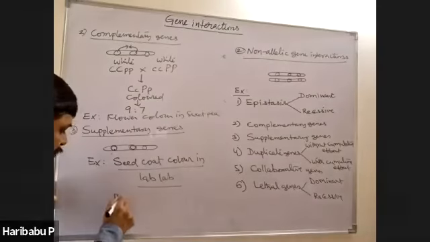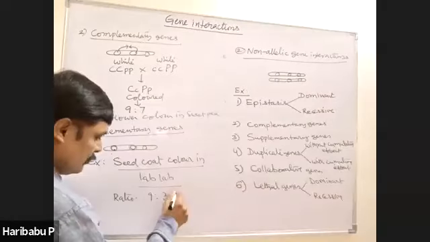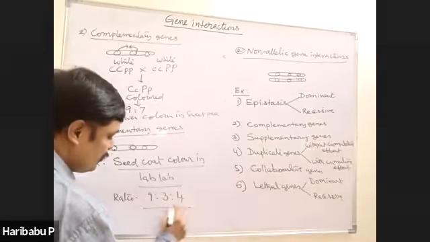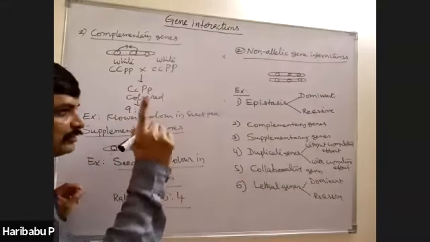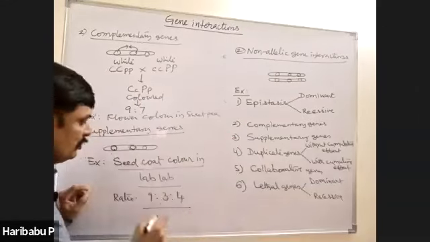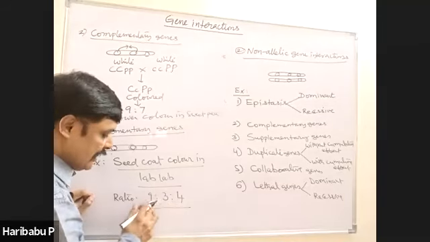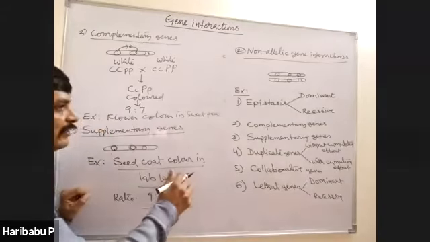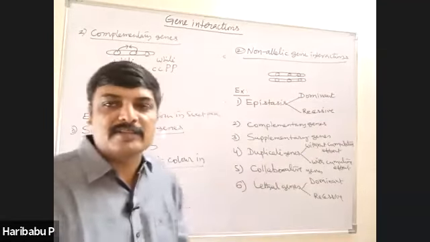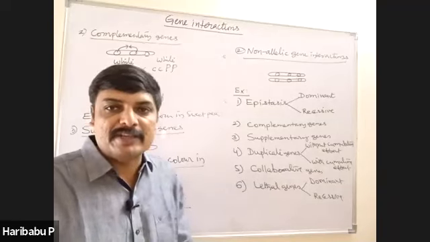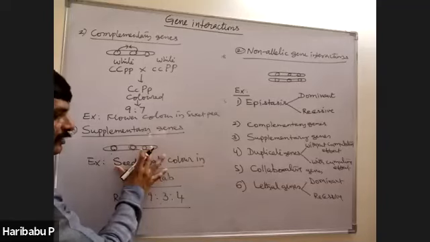The modified ratio for these genes is 9:3:4, similar to that of recessive epistasis. The recessive epistasis modified ratio and the supplementary gene modified ratio were found to be the same, that is 9:3:4. That is why recessive epistasis is also called supplementary epistasis, right? This is about supplementary genes.